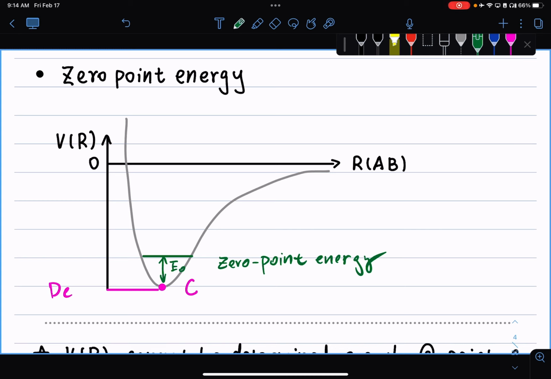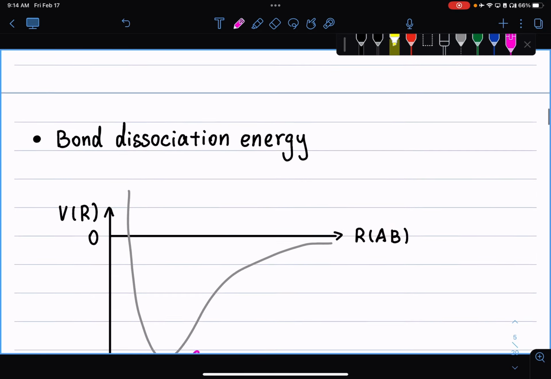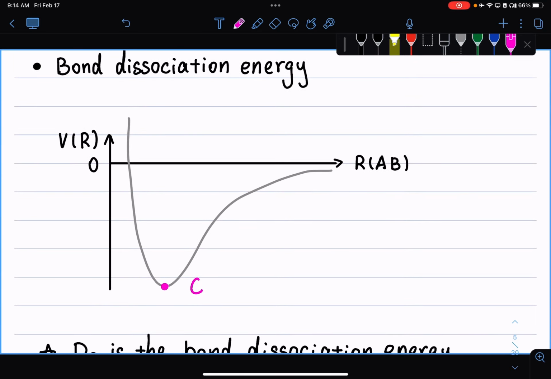And as a chemist, one of the properties we want to know is the bond dissociation energy. In this case, when we're looking at the bond dissociation energy, again, this is the theoretical bond dissociation energy, that's the theoretical dE. But in QM, we have the zero-point energy E0. So in quantum mechanics, what we can measure experimentally is the difference here, which is my D0. All right, so three different things.